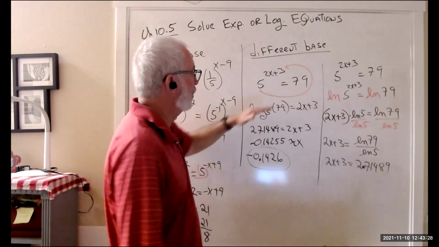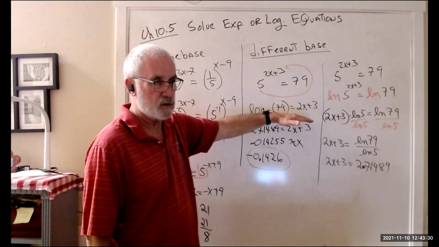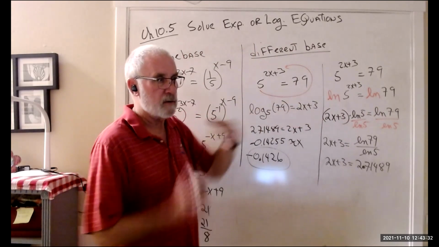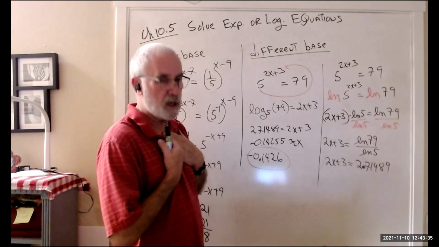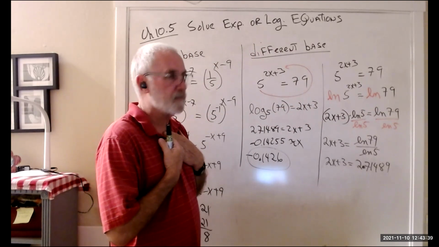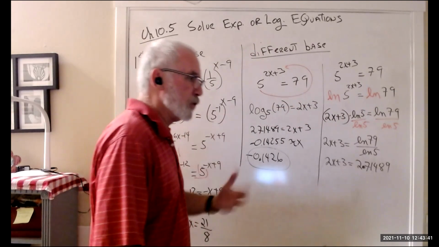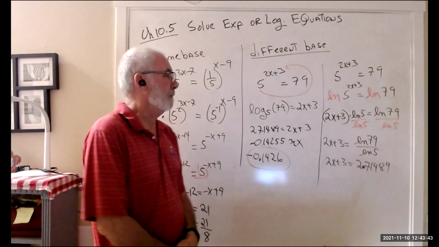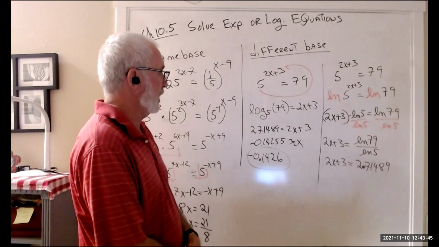Both of these are identical to each other. And I personally don't care which technique you use. Like I said, there is a third way, but I'm not going to worry about that one right now.